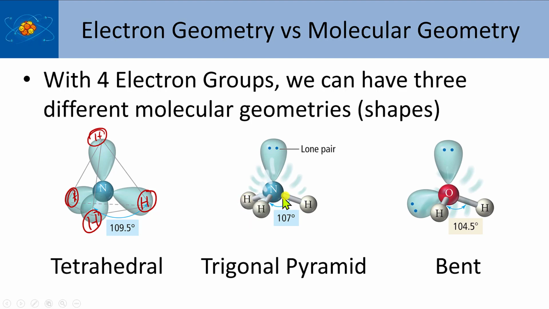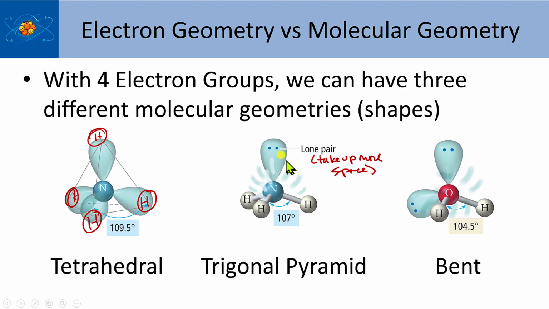Now, the bond angle for this ideally would be 109.5, but it turns out that lone pairs, because they're not directed towards a positive charge, actually spread out and take up a little bit more space. Since lone pairs take up more space, then the angle that's left for the remaining atoms becomes smaller.